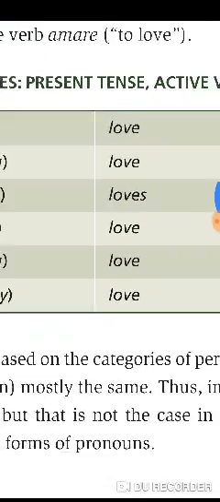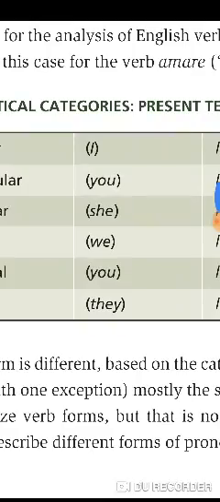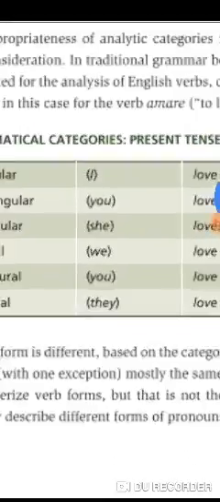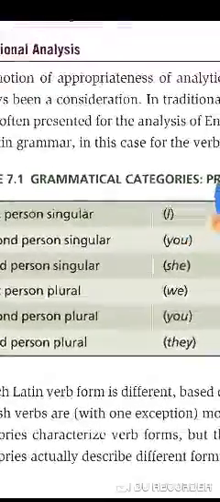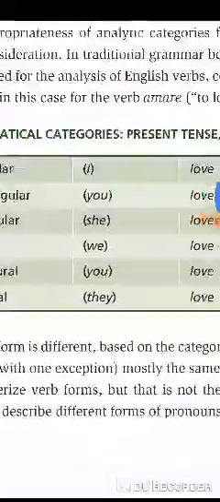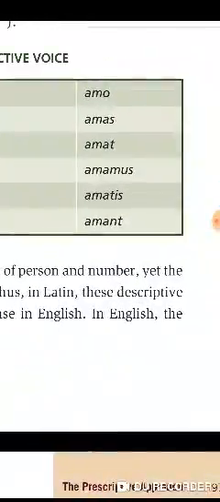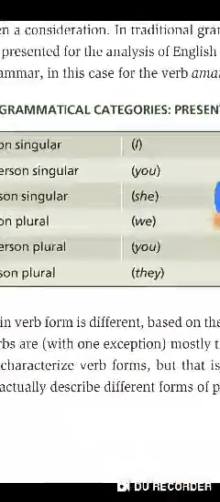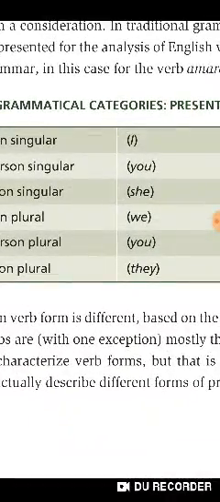You are going to be teachers of English, or I suppose some of you are already teachers of English. So in English, we don't need so much. We say, I, you, we, they love. He, she, it loves. That's it.